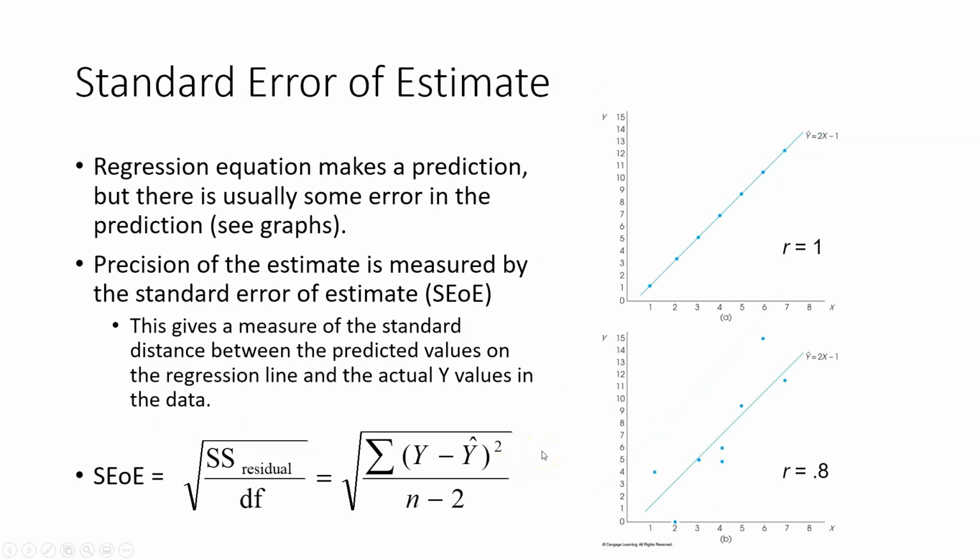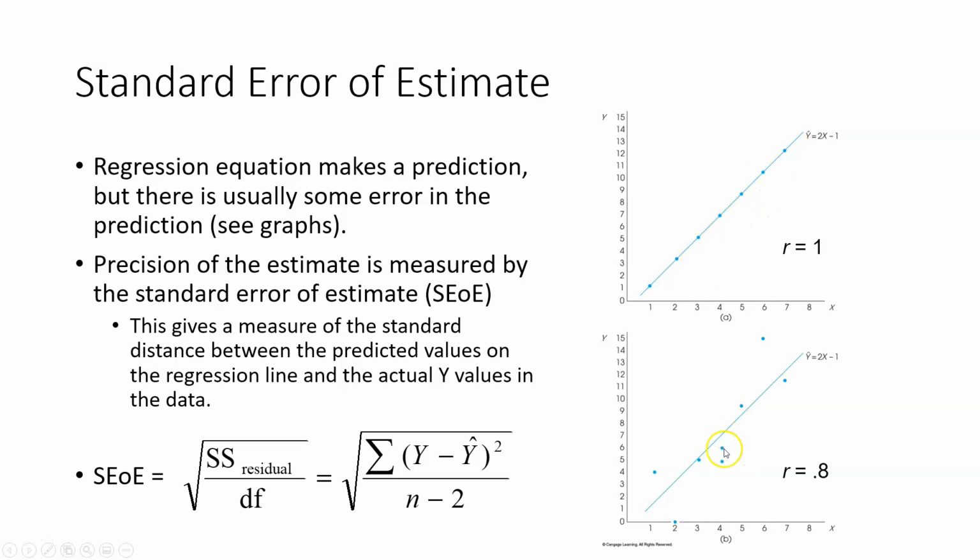Now, as I said earlier, the amount of error in your line will depend on how strong your correlation is. A regression equation makes a prediction, but there's usually some error in the prediction. In this situation, there's no error. There's a perfect correlation of r equals 1, and so every dot falls exactly on the line.